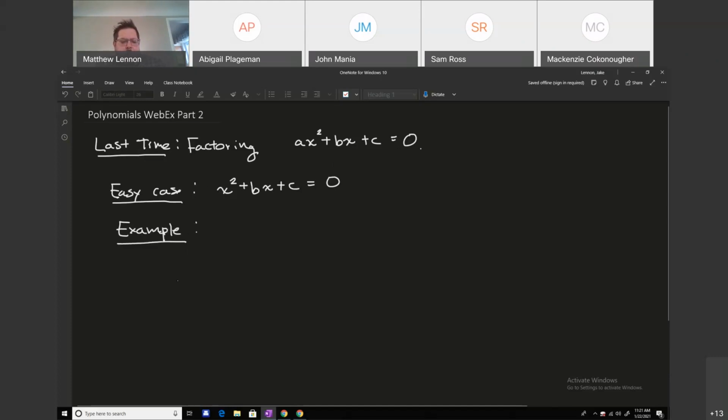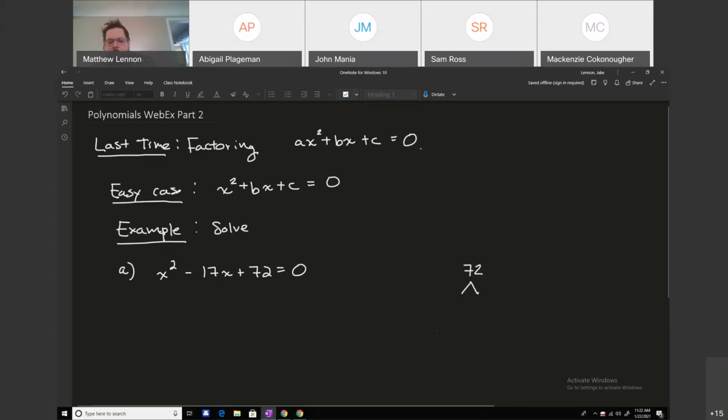Let's say solve a, maybe we have x squared minus 17x plus 72 equals 0. So you need two numbers that multiply to positive 72 but add up to negative 17.